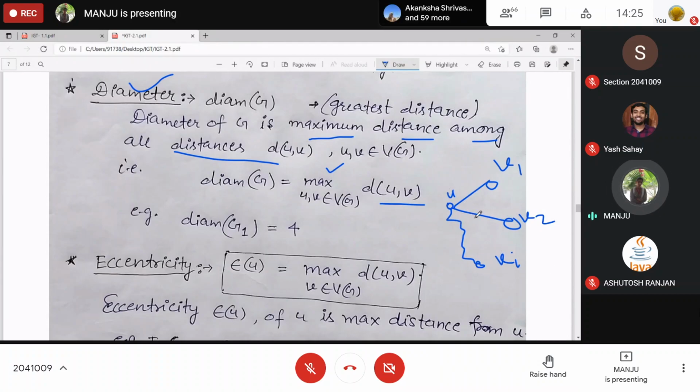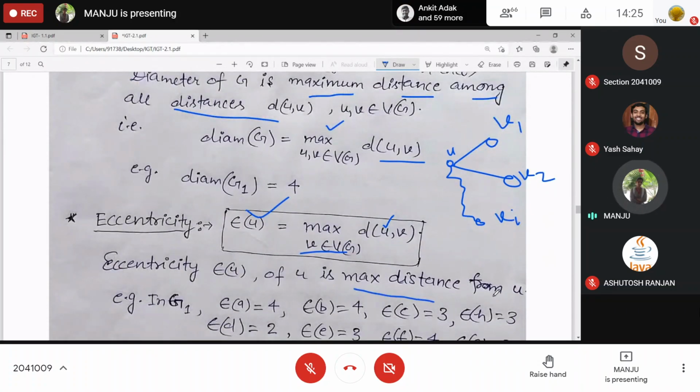That will be your eccentricity. So it is the maximum of d(u,v) from the point u to all other vertices v, where v runs over V(G). So you can say it is the maximum distance from a particular vertex.